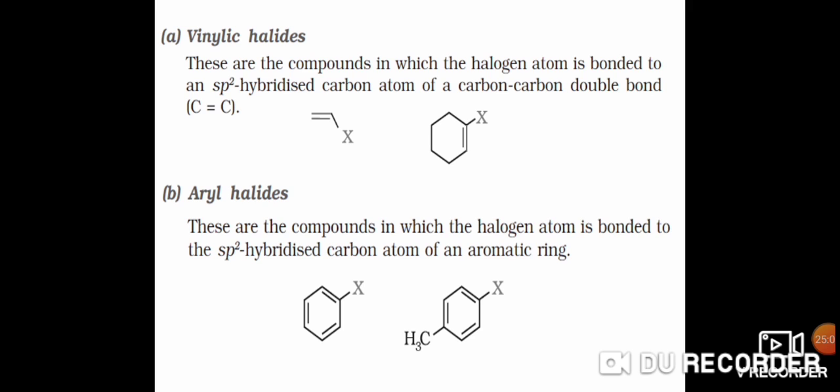Aryl halides. These are the compounds in which the halogen atom is bonded to an sp2 hybridized carbon atom, like the benzene ring, where we find the halogen atom is directly attached to the carbon, which is bound to another carbon through a carbon-carbon double bond.